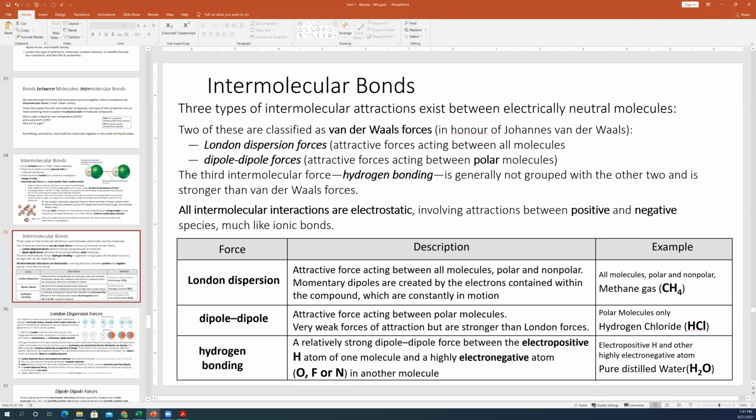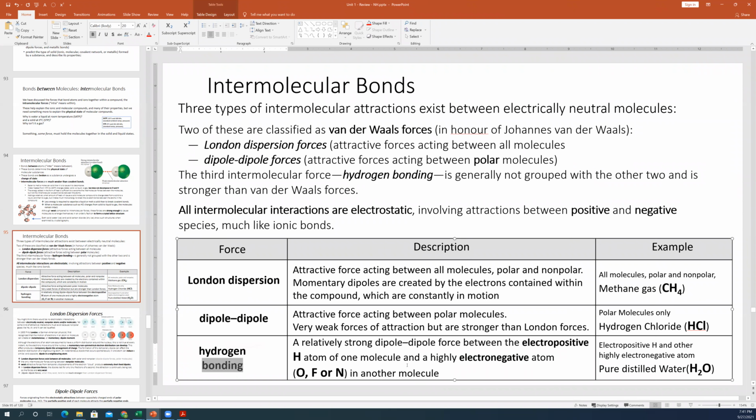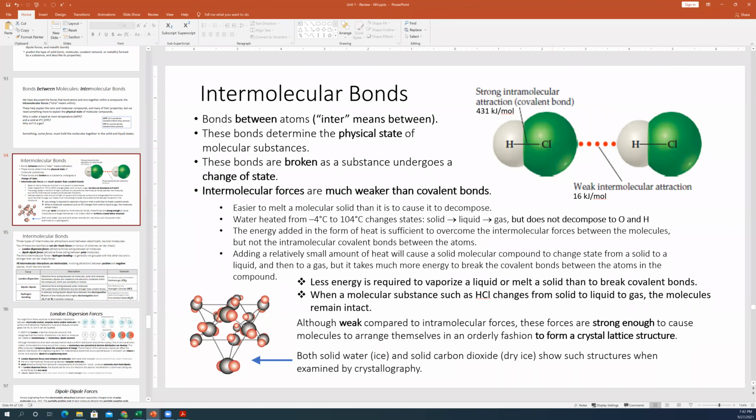In the case of hydrogen bonding, because it's one of the stronger types of interactions, the term bonding is used, but it's not the same kind of sharing of electrons as we have in a covalent bond, for example.